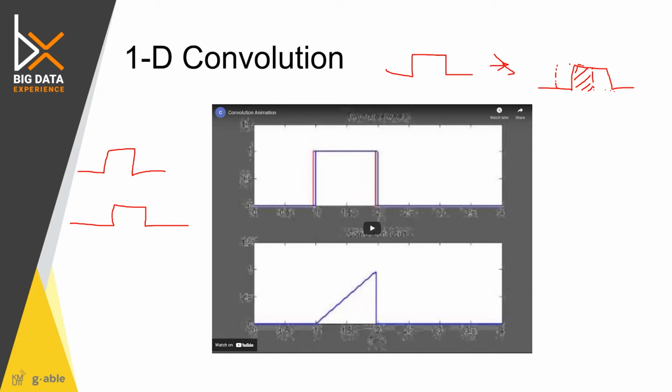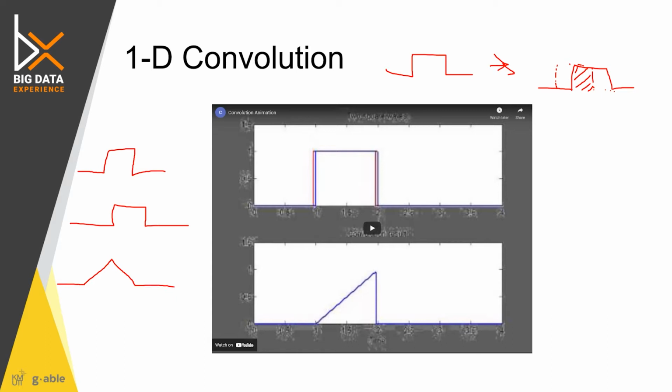So you can imagine that at the beginning, there would be a very small overlap between the two, but the overlap will increase until it reaches the maximum, where the two overlap one another, and then decrease. That results in a function like this, right? So this is a convolution process.